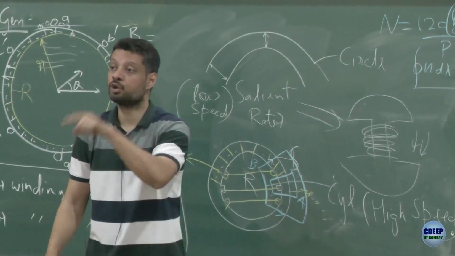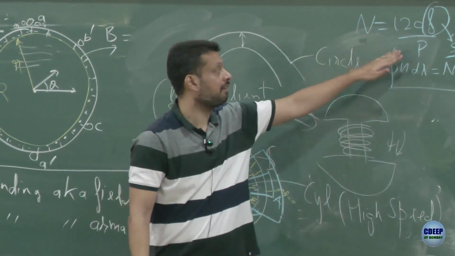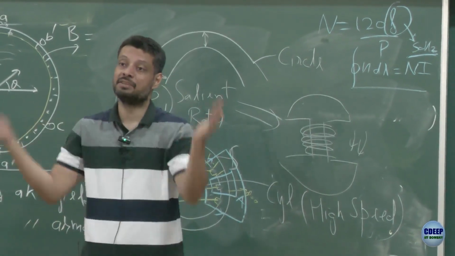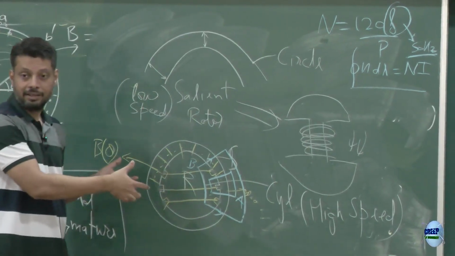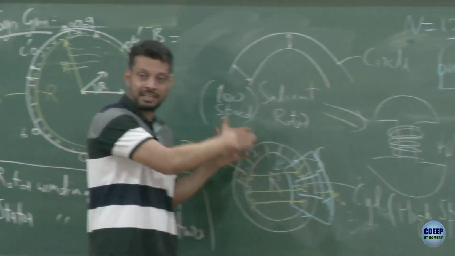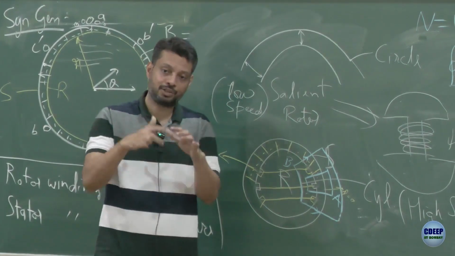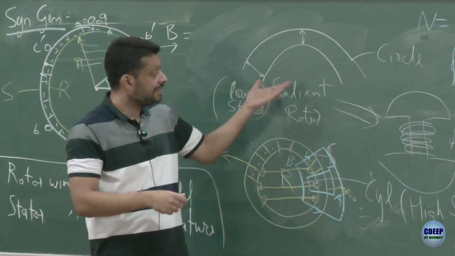So if you have low speed power generation, if your N is small, you have to have a large number of poles. This is only a 2-pole structure. With a large number of poles you will have limited surface area. Within that you have to put so many slots and turns, and your sine wave will become like a really stepped square wave, right? Which is easily avoided here.